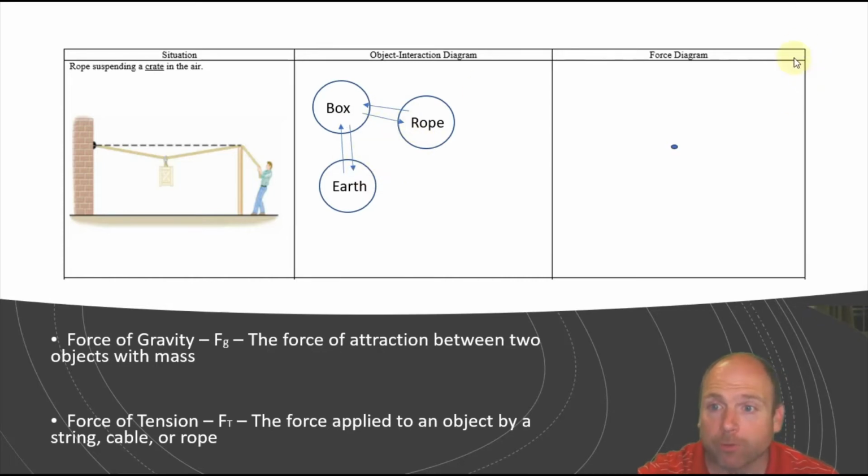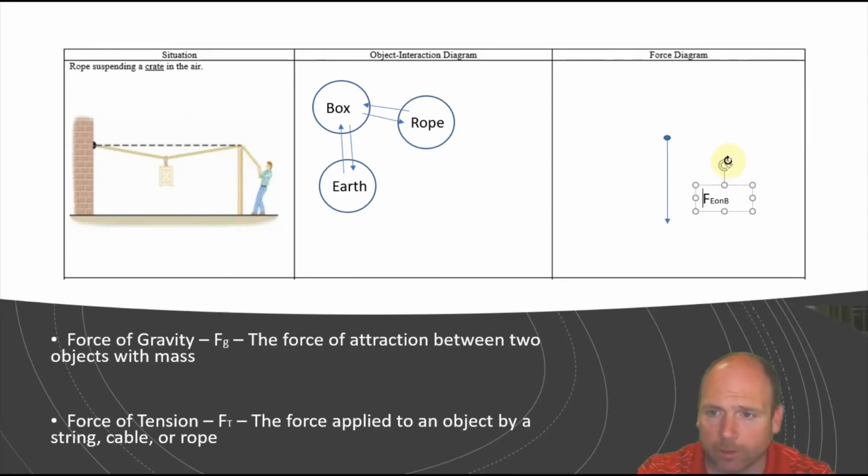All right. Next, we do the force diagram and say, okay, what are the forces acting on the box? So we talked about the object. Now, what are the forces? So the two forces we care about are the two forces here acting on the box. So we'll take an arrow and we will draw it straight down because gravity pulls an object straight down.